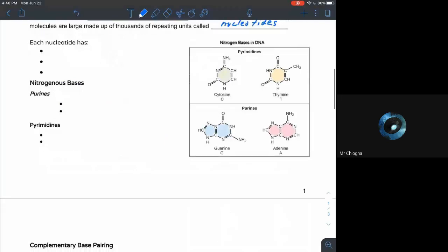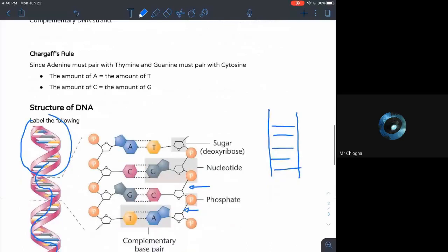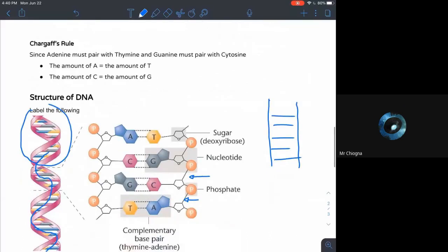A nucleotide is, these are nucleotides here. So that's a nucleotide here. And that's another nucleotide there. And that's another nucleotide here. And that's another one here.